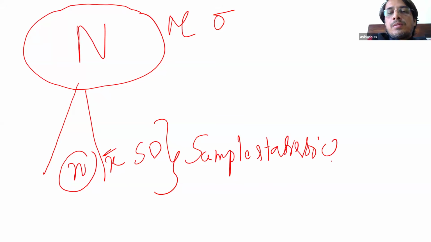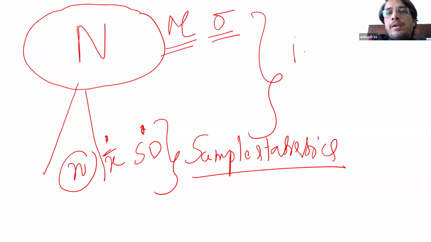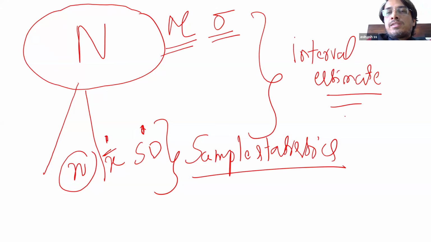Now we have discussed the sample statistics, measures of central tendency and dispersion. From this, we would like to find out what would be the mean of the population or the variation in the population. We cannot give a point estimate; we can give an interval estimate. That is what we can estimate from the sample statistics about the population parameter.